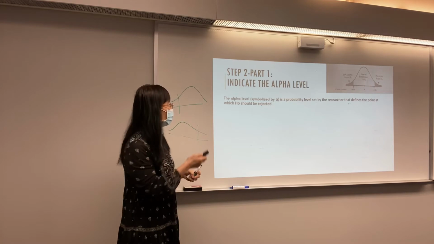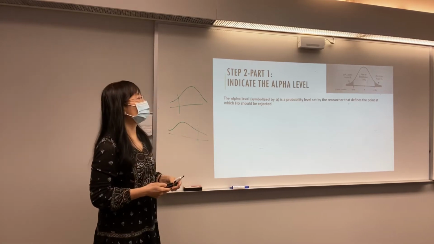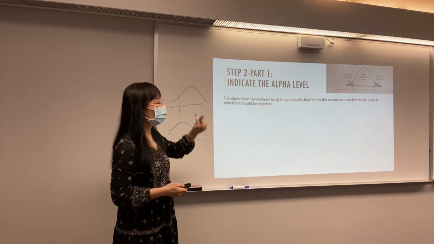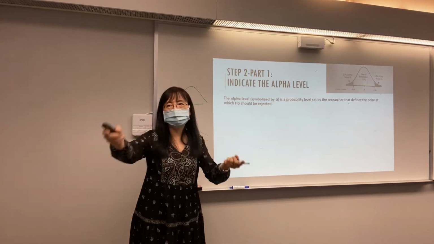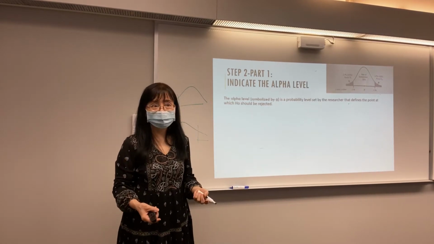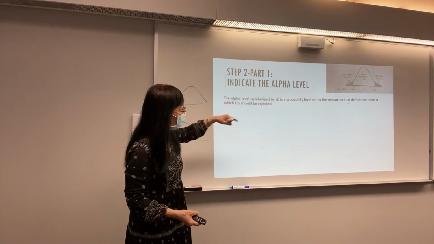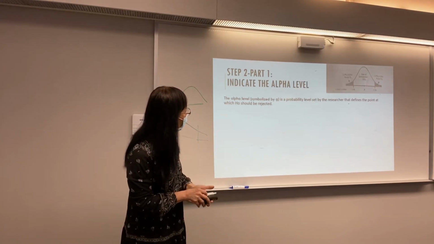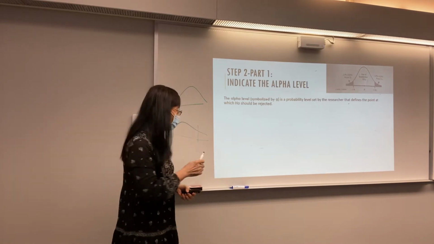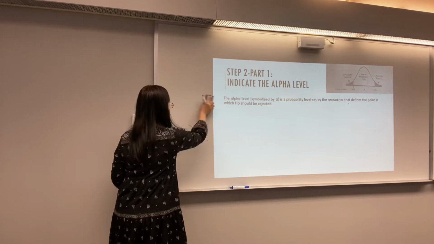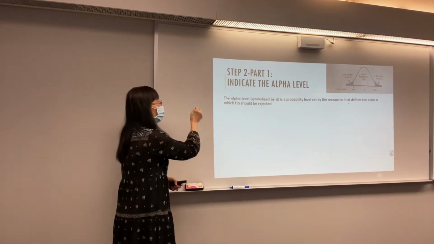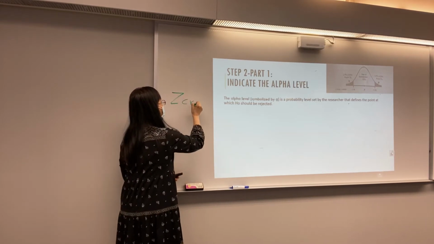The next step is you have to find the alpha level. Alpha level, actually the one we just learned, those z-scores. From now on, you are going to have two z-scores. Let me tell you before we get there.